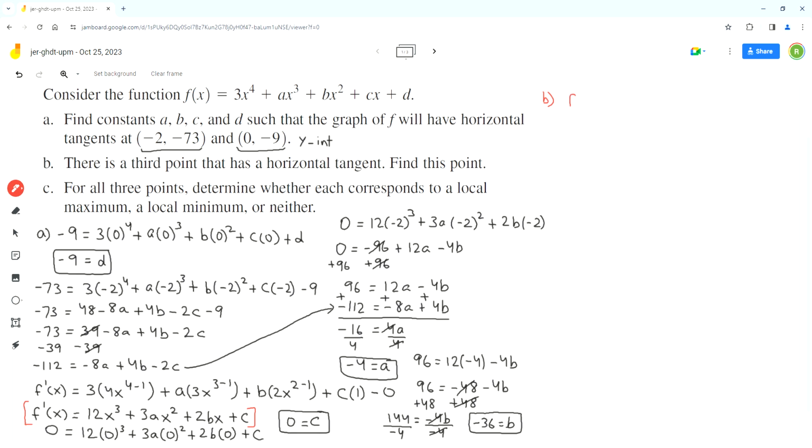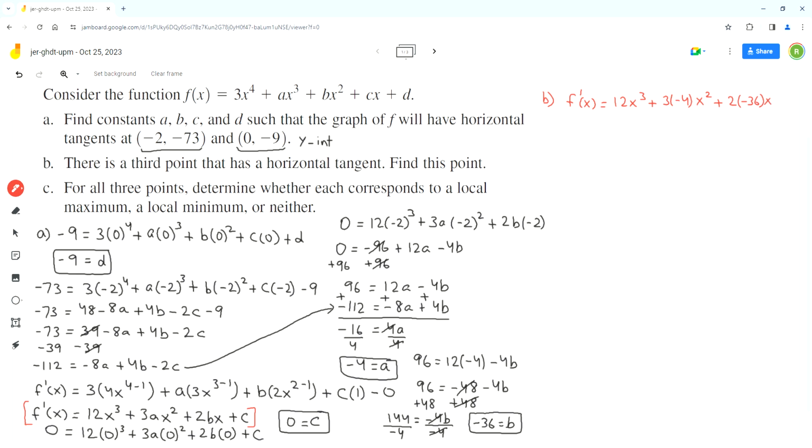So we got f'(x) equals 12x cubed plus 3a. Now we got the a value as negative 4, so 3 times negative 4, and then x squared, and then plus 2. Now the b value we got is negative 36x.